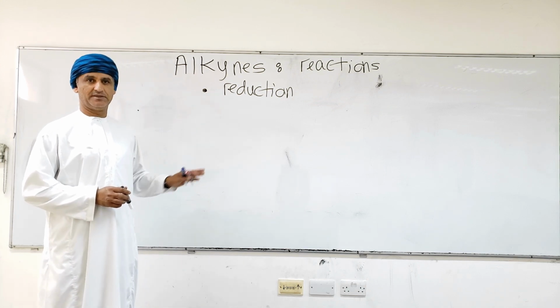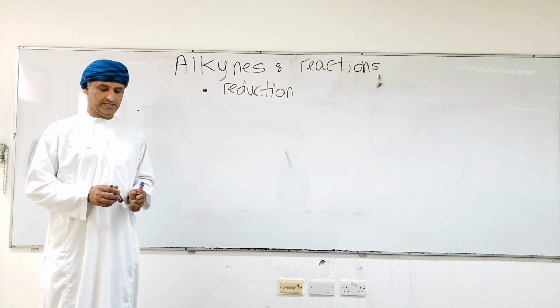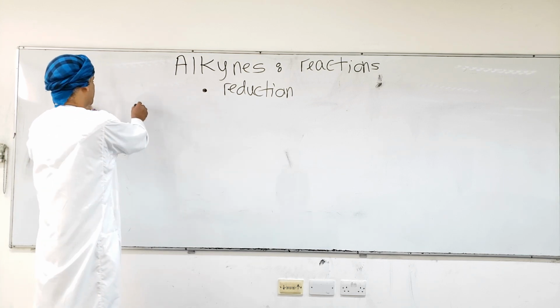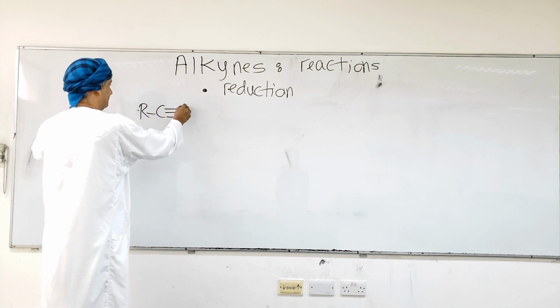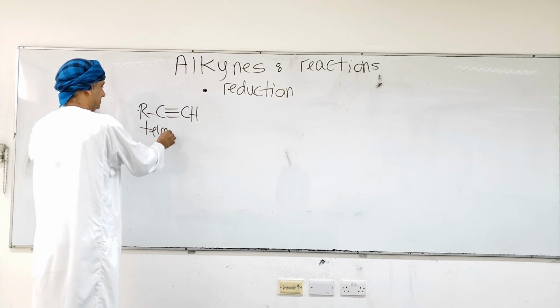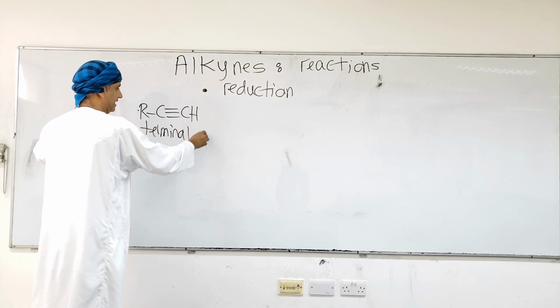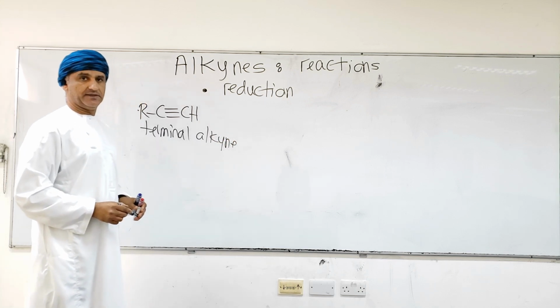But we will begin with what we begin with usually, which is terminal alkynes. So this is the structure of terminal alkynes. This is a terminal alkyne where the carbon-carbon triple bond is at the terminus.